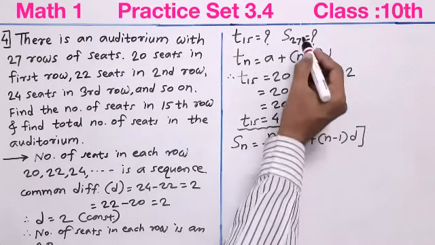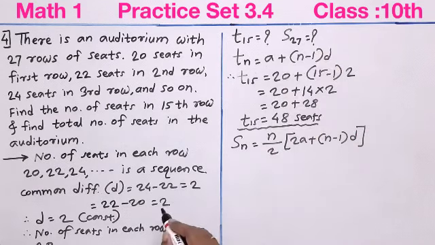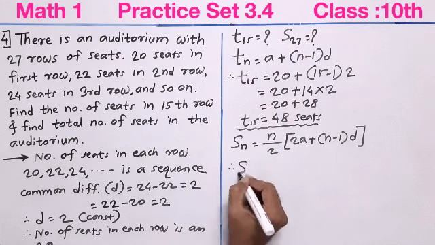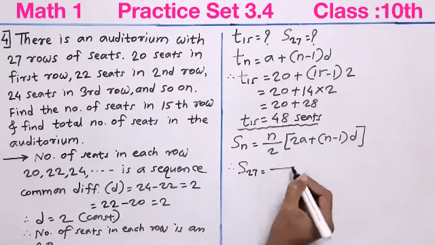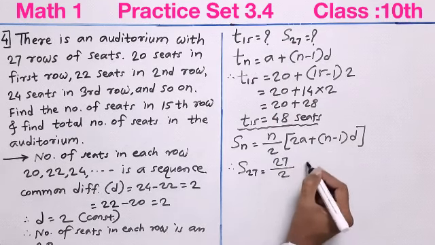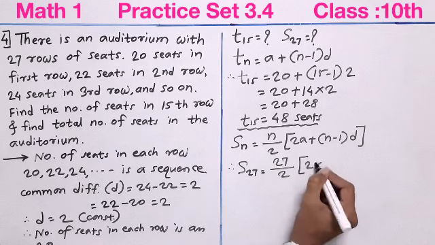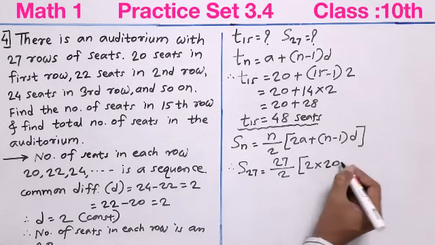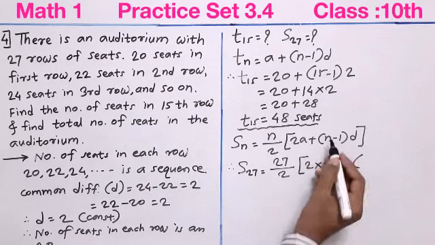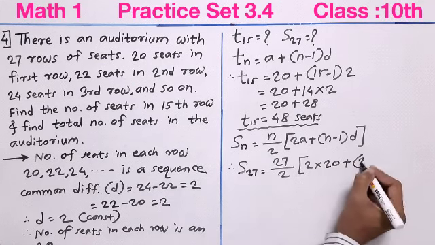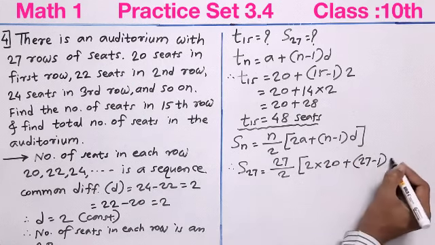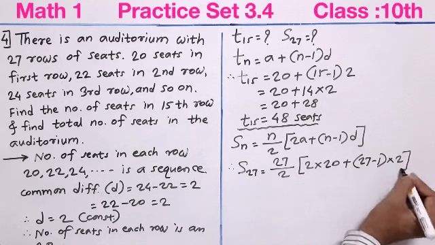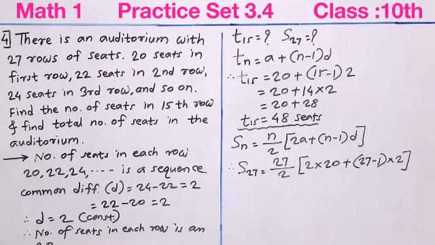Now here the value of n is 27. So we can write S27 is equal to 27 upon 2 in bracket 2 multiplied by A. A, the first term, is 20, plus in bracket the value of n, 27, minus 1, into D, which is 2. See, the common difference D is 2 here.